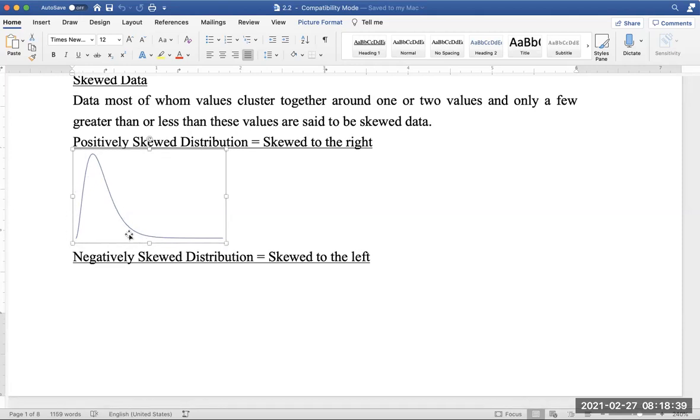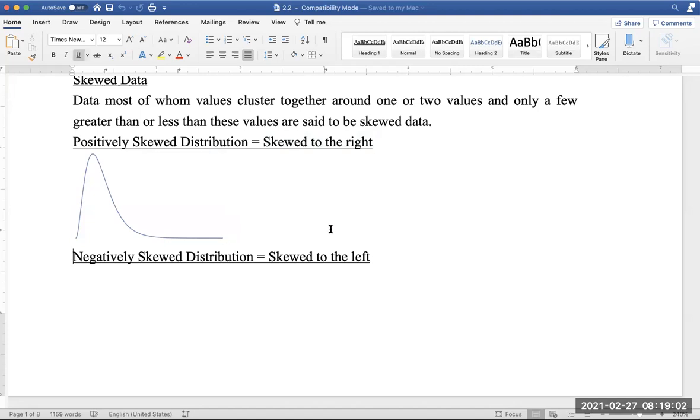But in statistics, what we're trying to do is control these tails. Because we're trying to control the tail, the important thing is to look at your tail. Notice it says it's skewed to the right because our tail is to the right.